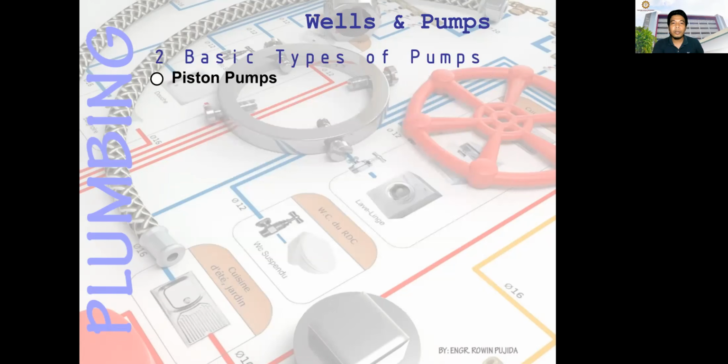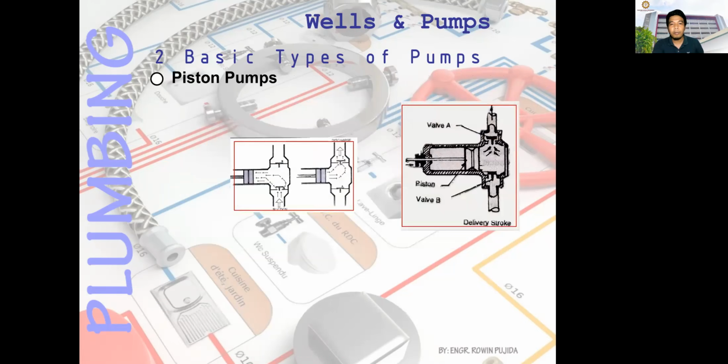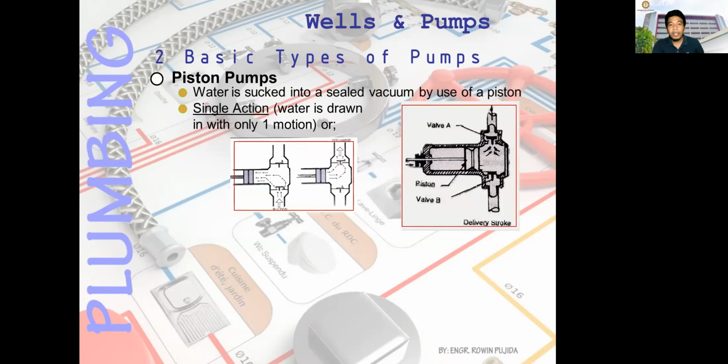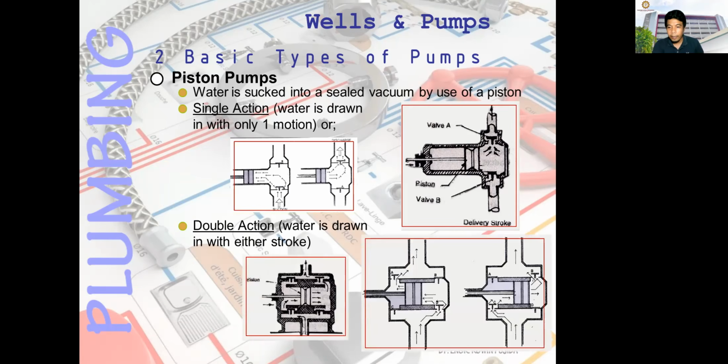Next, we have two basic types of pumps. First is the piston pump, where water is sucked into a sealed vacuum by the use of a piston, and is single action, where water is drawn in with one motion, or double action, where water is drawn in on either stroke.